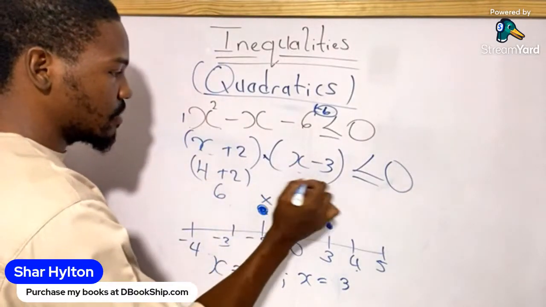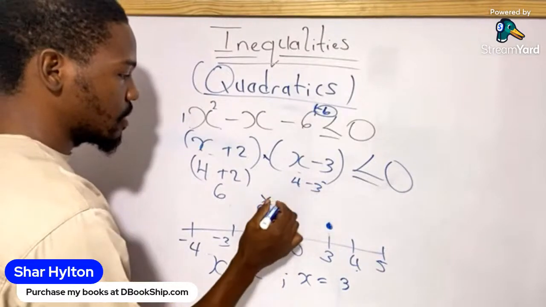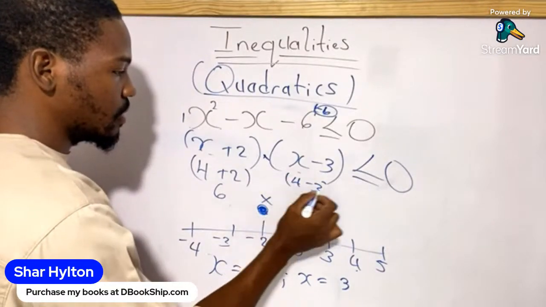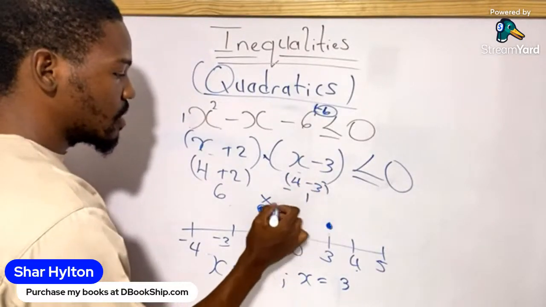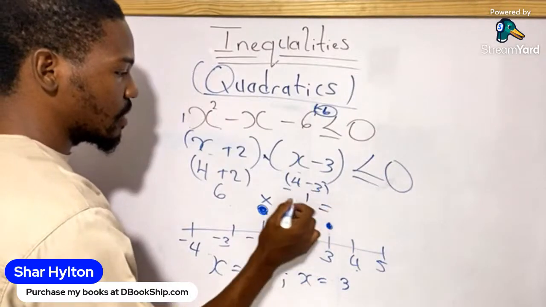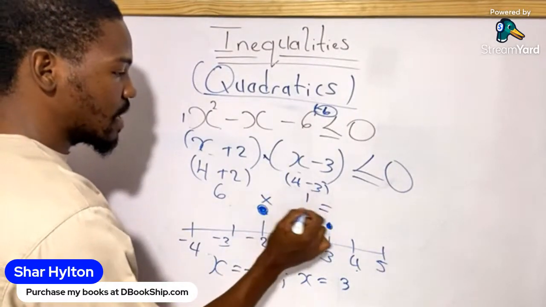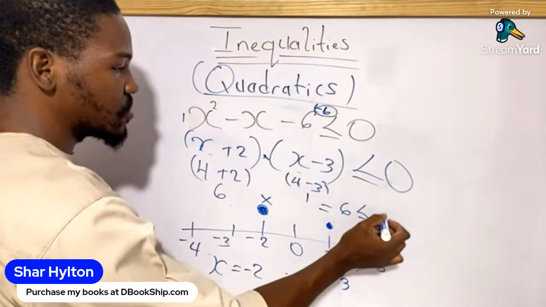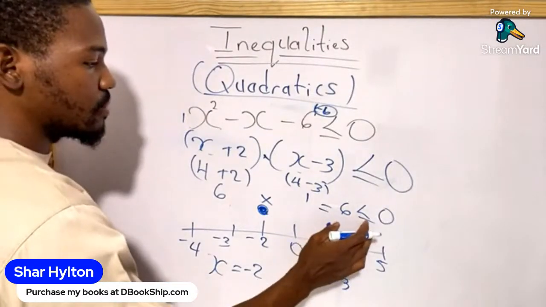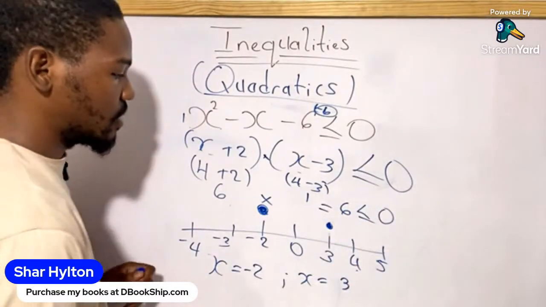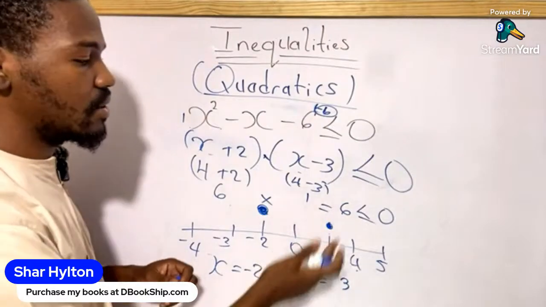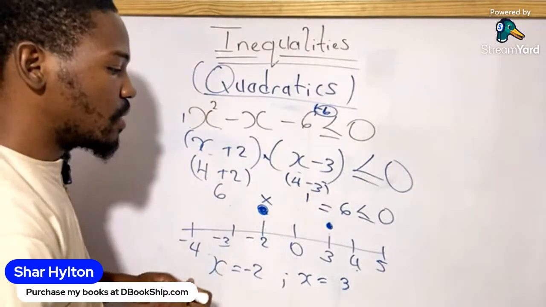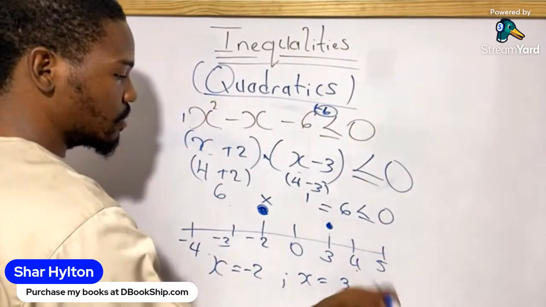And 4 minus 3 is going to give me 1. 6 times 1 is going to give me a positive 6. And now we know that this is not true, because 6 is not less than or equal to 0. So any number here is also out of the equation.